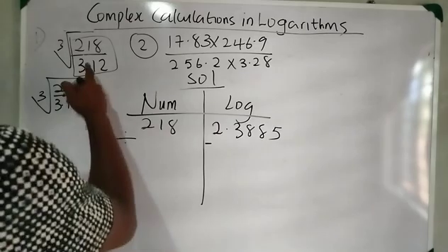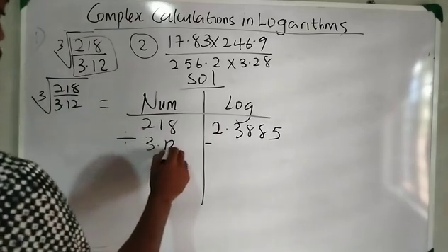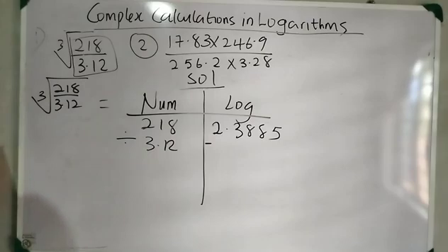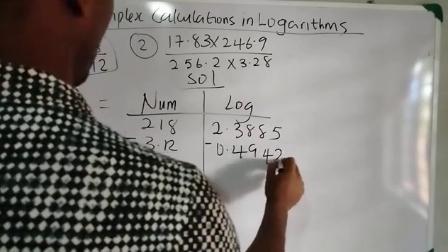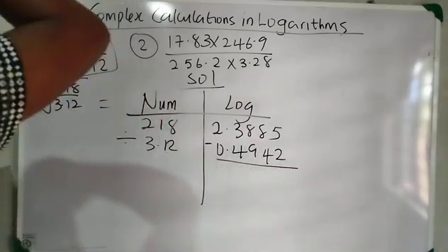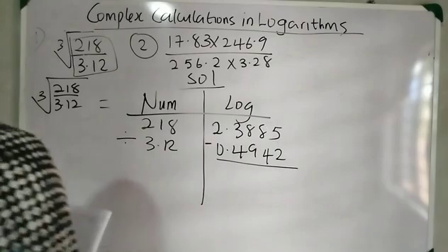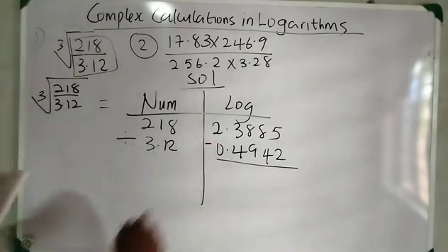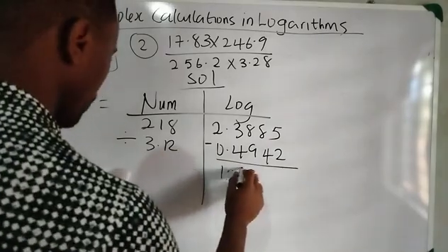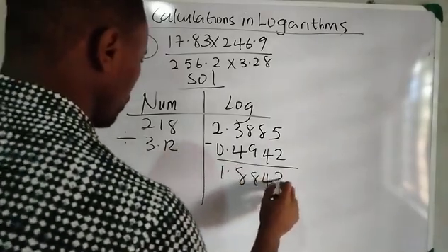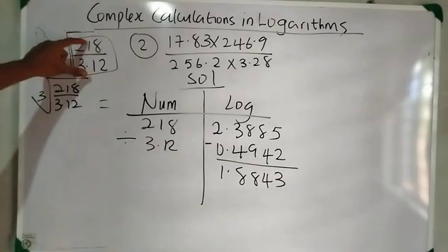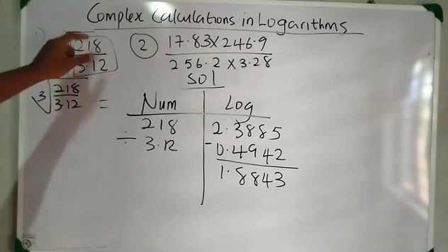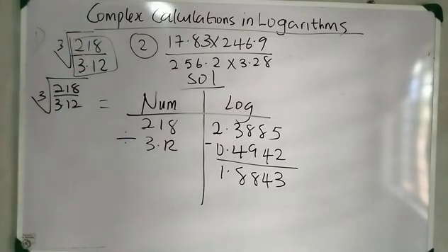So divided by what? 3.12. I'm also going to look for the logarithm of 3.12. And the logarithm of 3.12 is 0.4942. Alright? So what does this mean? I'm going to subtract. When I subtract them, I'm going to have 1.8843. So this is the final answer for 218 divided by 3.12 in logarithms.